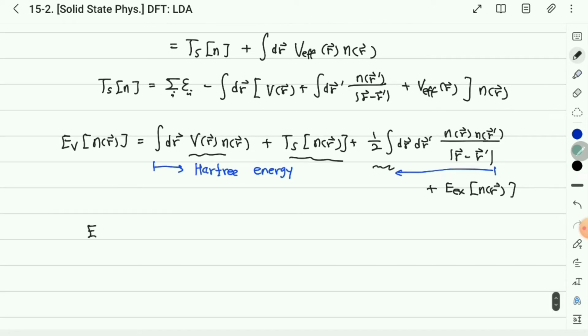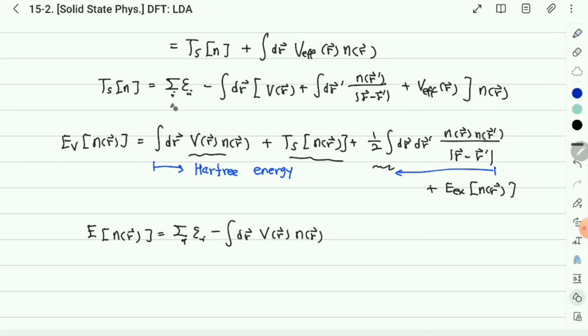From this one, the total energy as a function of n(r) is, for T_s, the summation of epsilon_i minus the integral dr of v(r) n(r), and this comes from here, and minus the integral dr prime of n(r) n(r prime) over |r minus r prime|, and minus the third term, the integral dr n(r) v_effective(r).